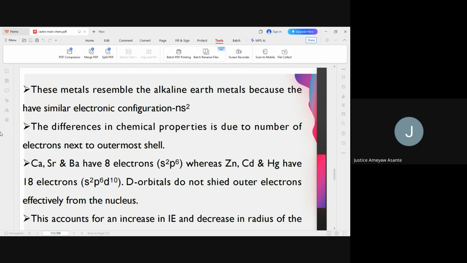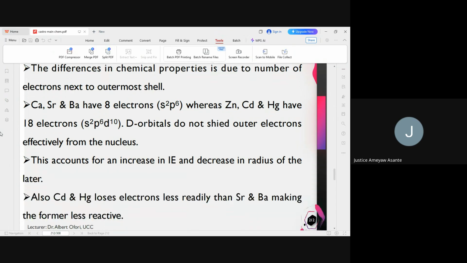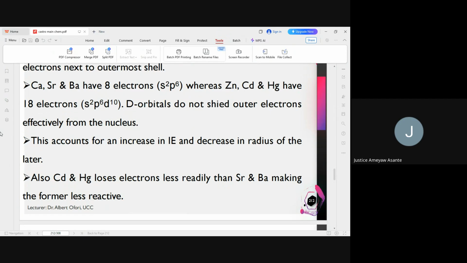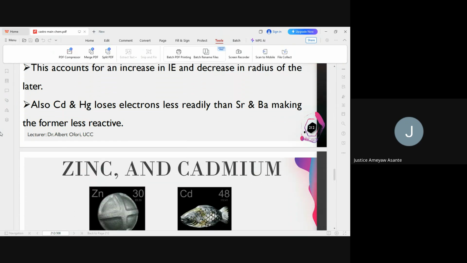The difference in chemical properties is due to the number of electrons next to the atomic shell. Calcium shell, all those kind of things. D orbitals do not shield outer electrons effectively from the nucleus. Now, I've not taught you this thing, so let me speak to you.